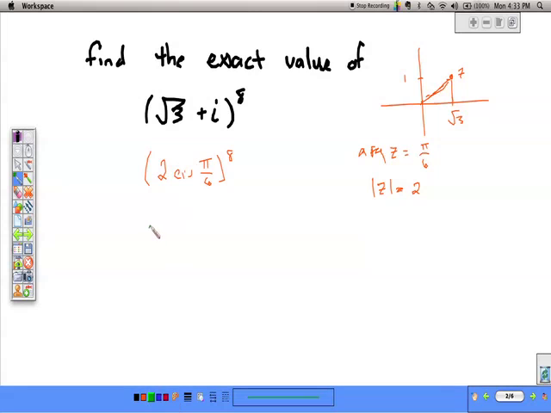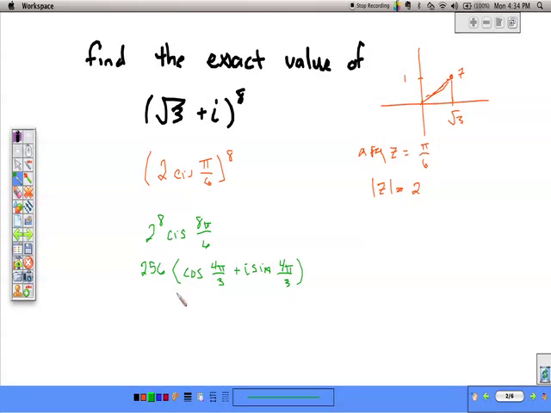Now I raised 2 to the 8th, and I'm going to multiply my argument. 2 to the 8th is 256, and now I'm going to change to the long form of this. Cosine 4 pi over 3 plus I sine 4 pi over 3.